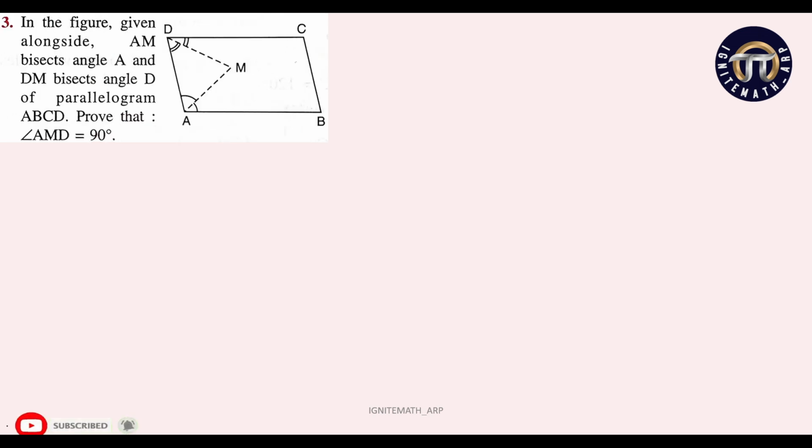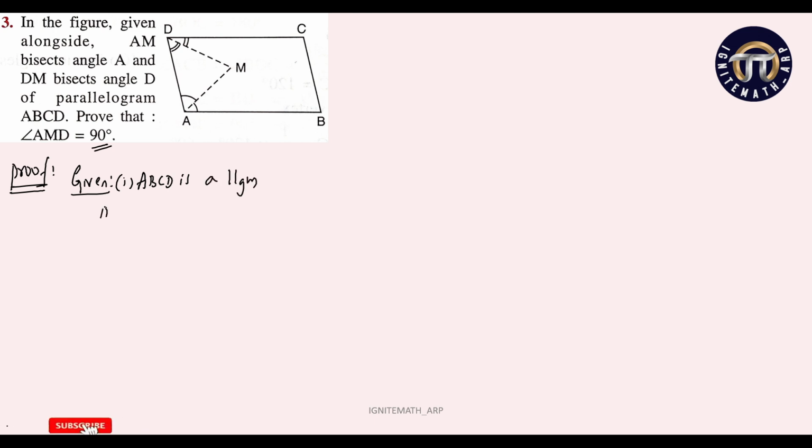In the figure alongside, AM bisects angle A and DM bisects angle D of a parallelogram ABCD. Prove that angle AMD is equal to 90 degree. Whenever it is a proof type of question, children, you need to have the habit of writing what is given. What is given? First of all, ABCD is a parallelogram.